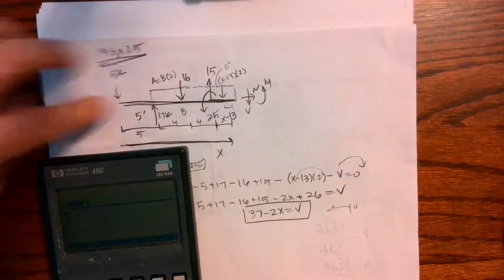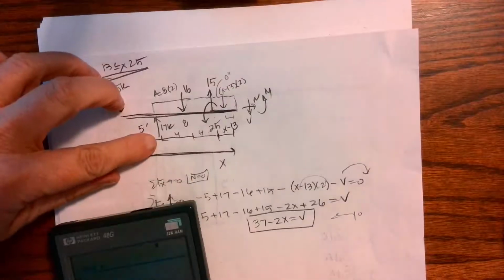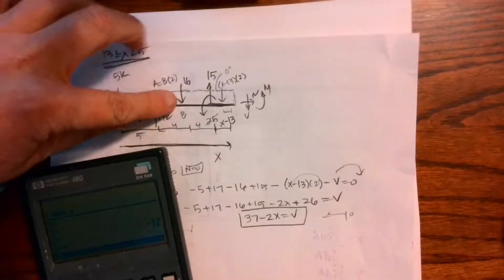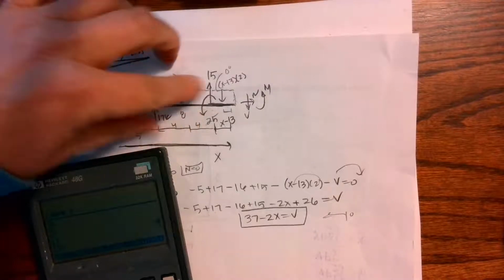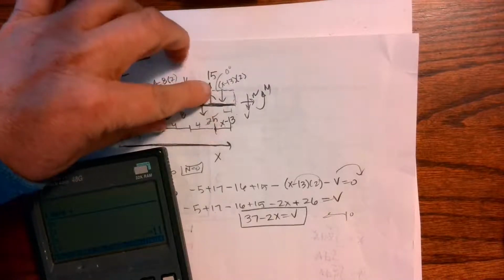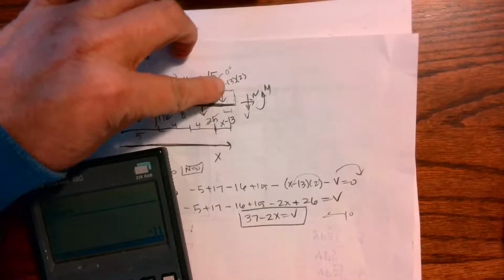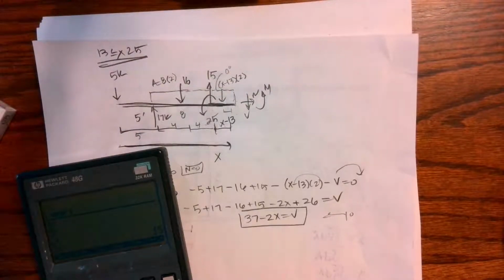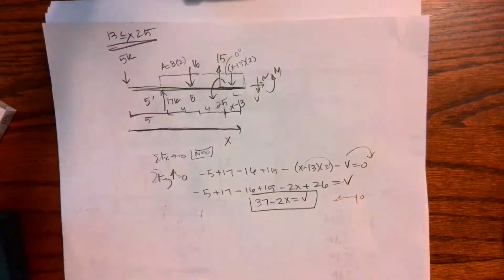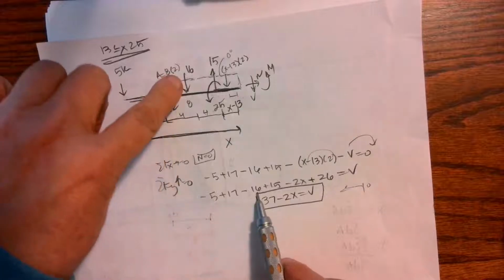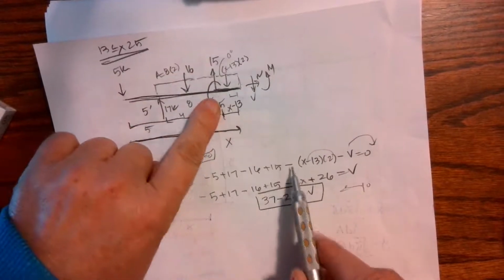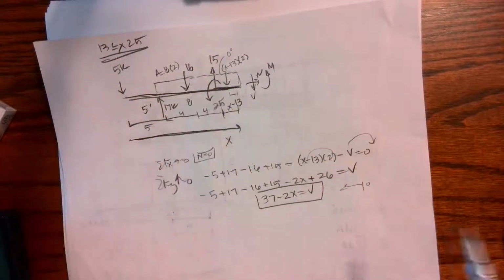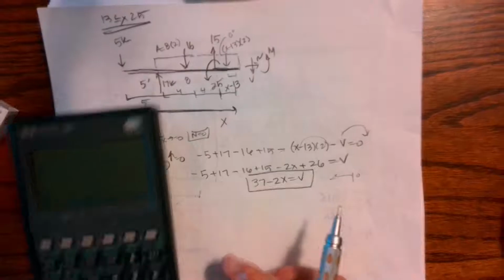So we're going to check it really fast again. 5, enter, 17 minus 16 plus 15 minus, and then we have 2 times 13, so 26 plus... let's make sure we have this: negative 5 plus 17 minus 16 plus 15, and then it's going to be minus x minus 13, 26, so positive 26. I just like to check everything 3 or 4 times.